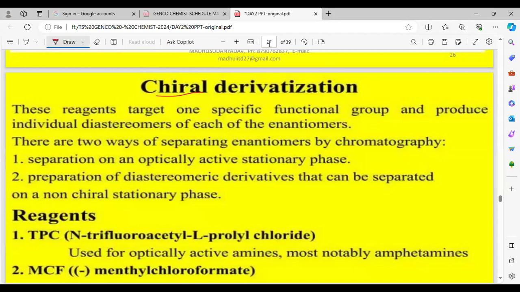What is an enantiomer? Please mention in the chat box. Non-superimposable mirror images. Thank you. And what about diastereomers? Somebody from the 47 members, please.